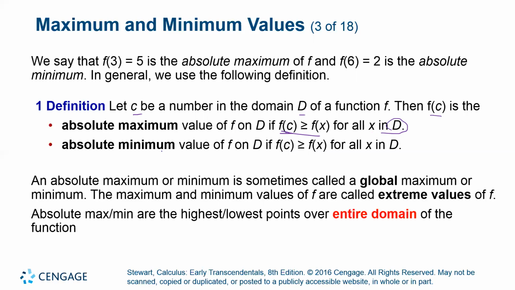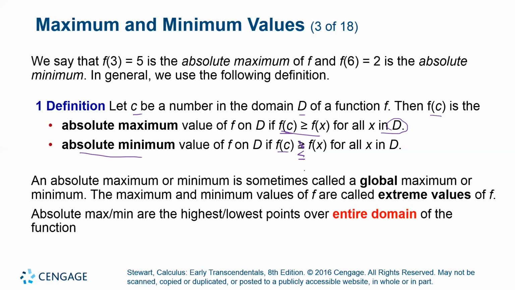On the other hand, f of c is the absolute minimum if it is less than or equal to the function value for all x in the domain.